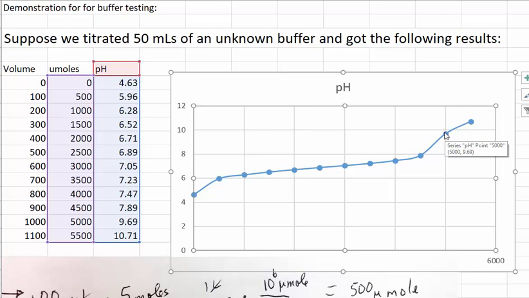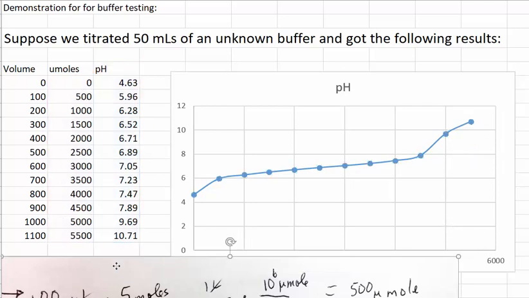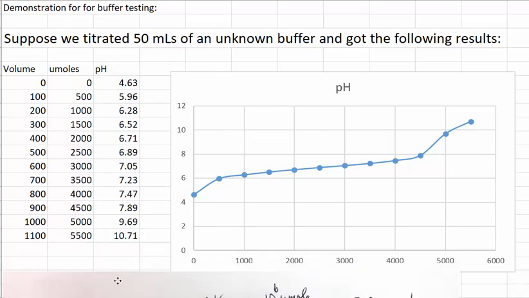If I take this as my endpoint, I can come back down to my data and ask what it corresponds to. Let me move this out of the way. There we go. I was wondering where my numbers went. Down at the bottom of this plot I'm plotting micromoles versus pH.